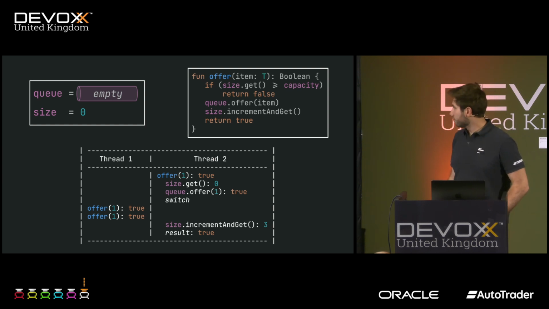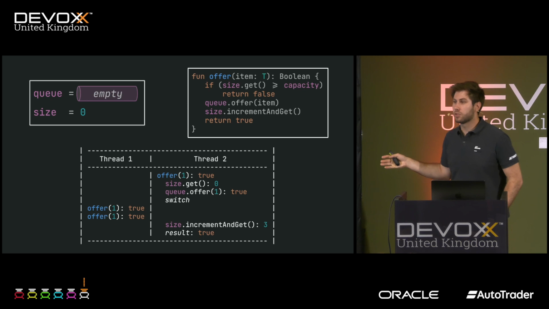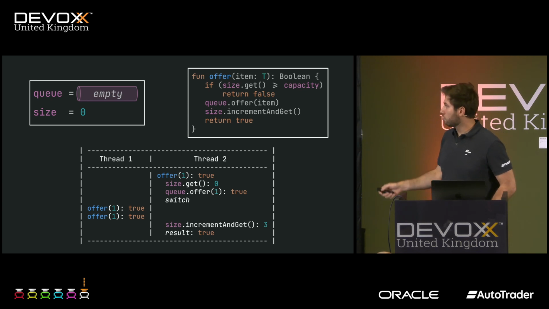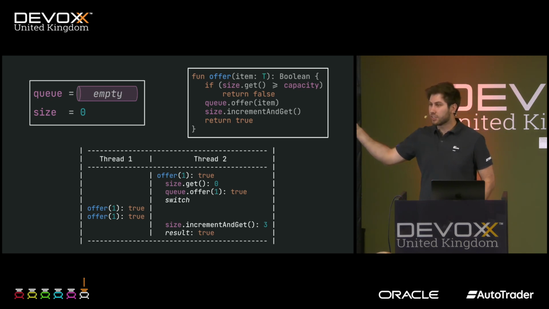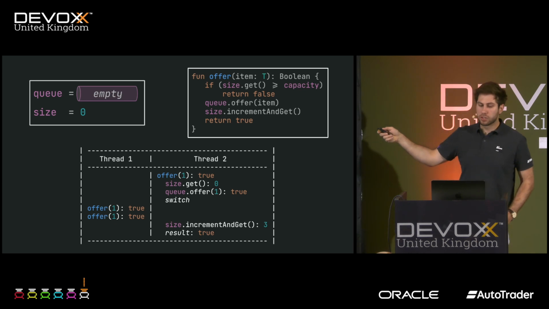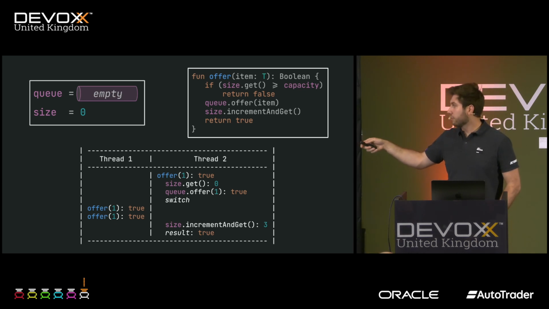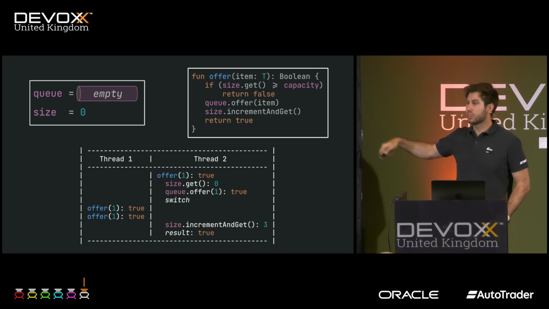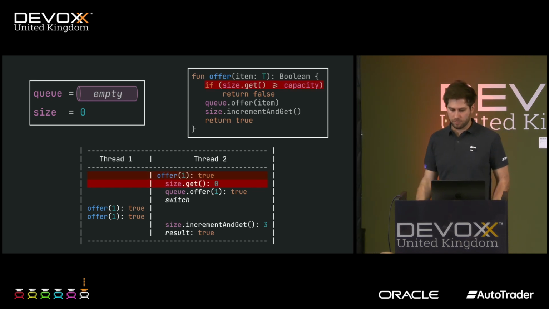So, of course, we also need the implementation of this offer operation, right? It's easy to understand what is happening. And let's also maintain the current state of our bounded blocking queue. So we have a queue and we have the size counter. Let's see what has happened here.